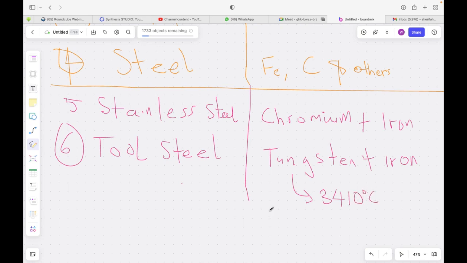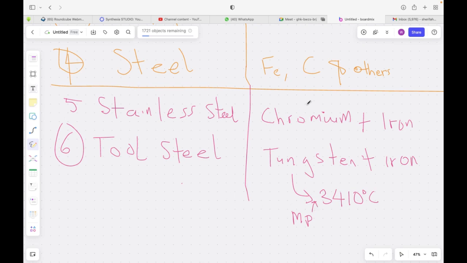Okay, this is the melting point. The melting point of tungsten is about 3,410. So it's very high. So it helps you to create very strong metals.